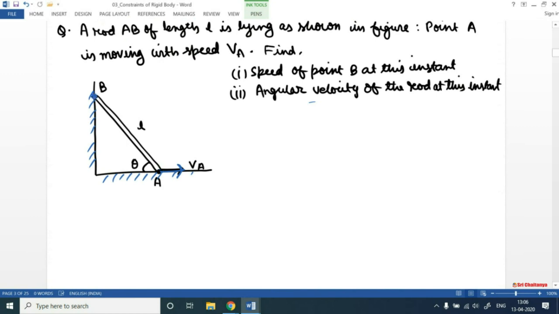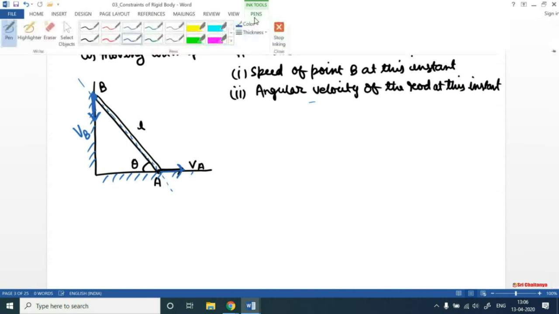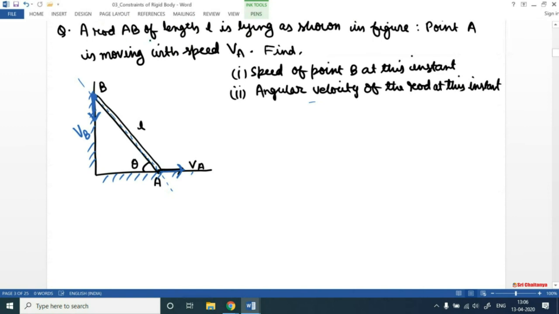So the velocity of point B: it is quite clear that point B is constrained to move only in the vertical direction. So we can say very safely that the velocity of point B would be in the vertically downward direction. Now, as we learned, we will be resolving the velocities of point A and point B in two mutually perpendicular directions.